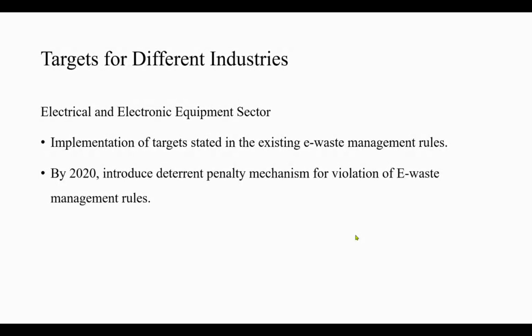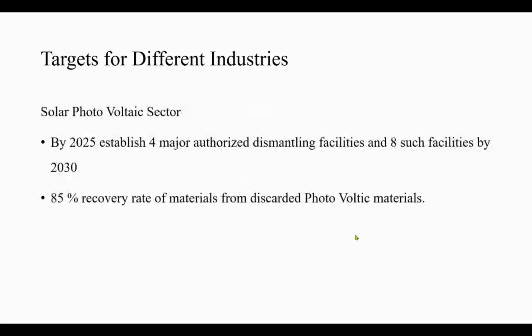Targets for different industries. In the electrical and electronic equipment sector, implementation of targets stated in the existing e-waste management rule by 2020 introduced a deterrent penalty mechanism for violation of the e-waste management rule. So e-waste management, waste management, is also used in construction work.